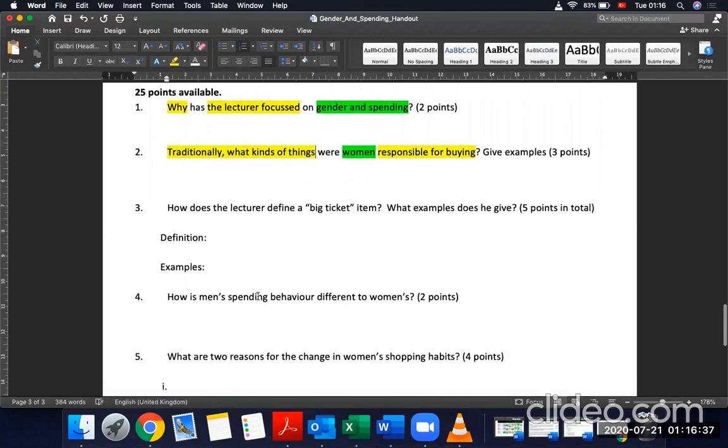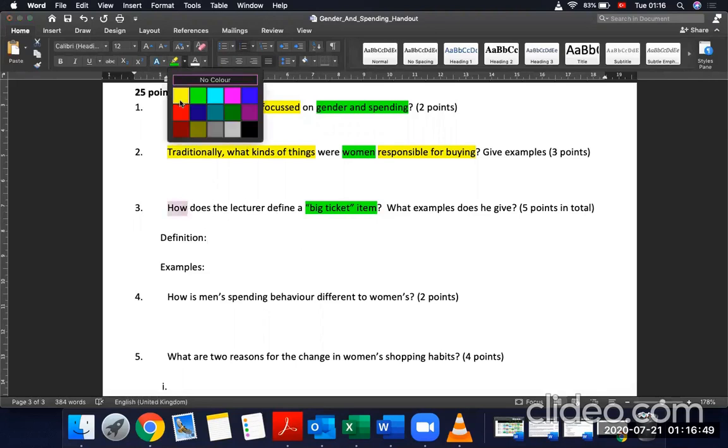Okay. How does the lecturer define a big ticket item? So what is the definition for it? What does it mean? How does the lecturer explain a big ticket item and what examples does he give?